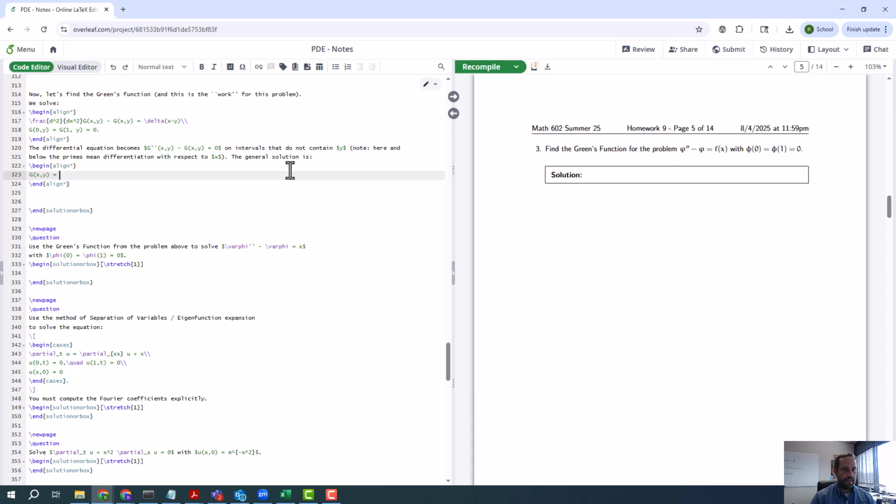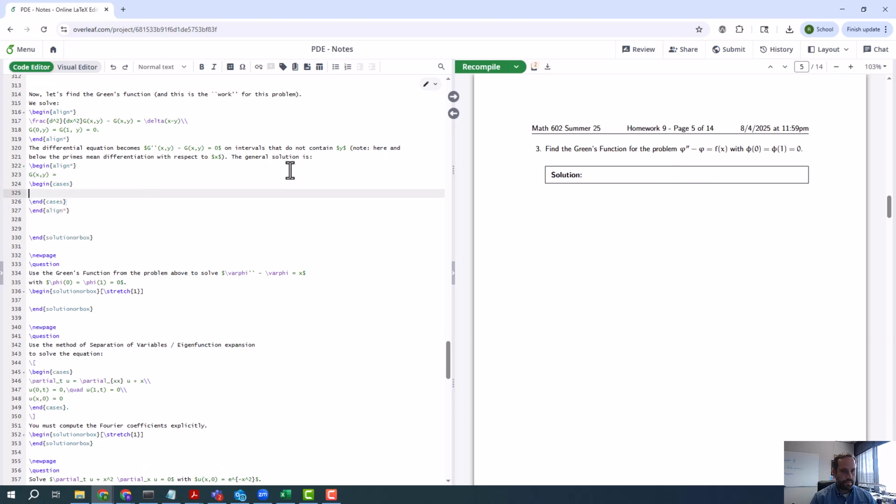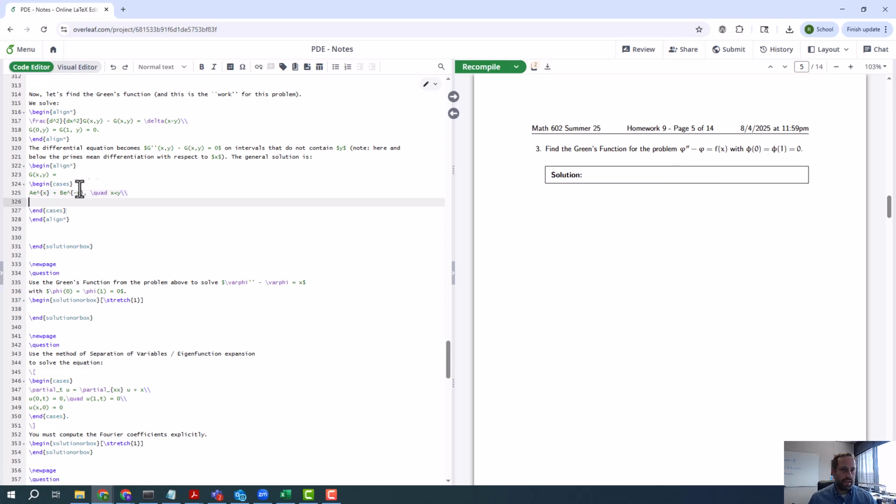So this is going to be a e to the power of x plus b e to the power of minus x, for x less than y, and then basically this same exact thing but with c and d, for x greater than y.